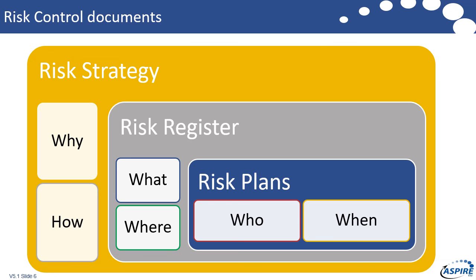And then we think about the risk register. You're going to have a program risk register, and under that you might have various project risk registers. What we don't want to see is a program risk register that's full of project risks. The program risk register is where the translation happens between the portfolio risk and what's happening in the projects.